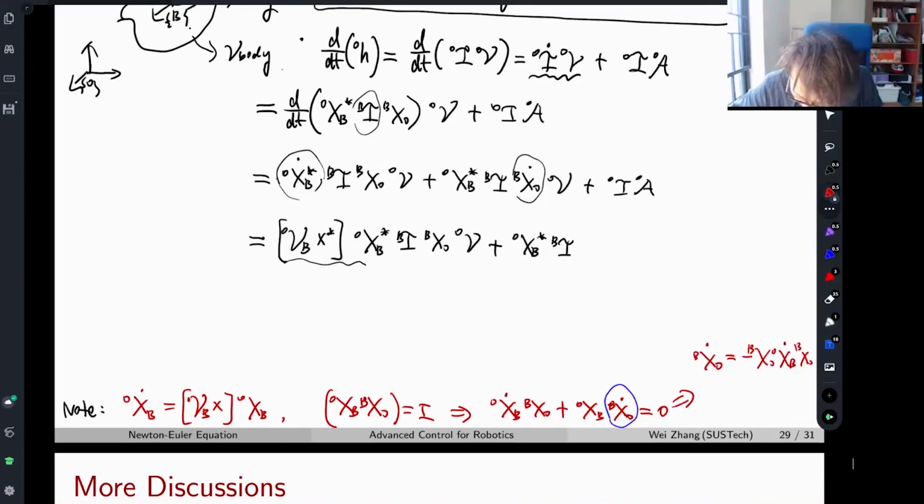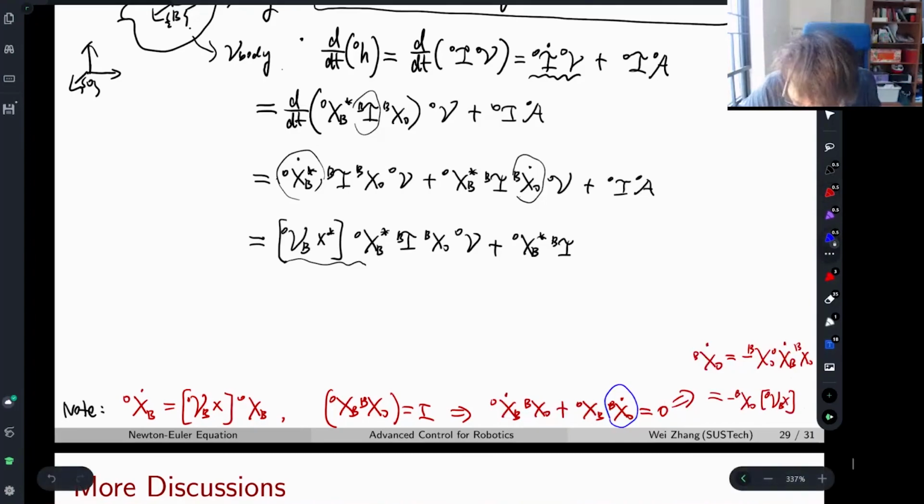And I know what X_BO dot is: it's negative X_OB times V_BO cross times X_BO times X_OB, so that disappears.